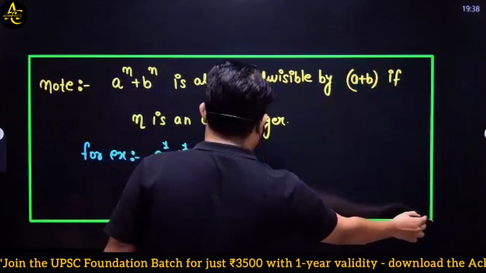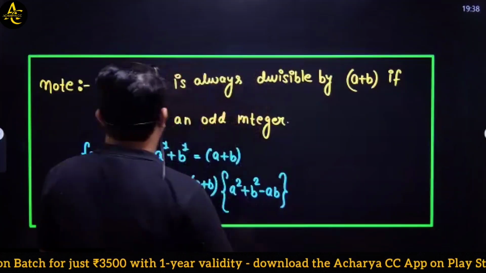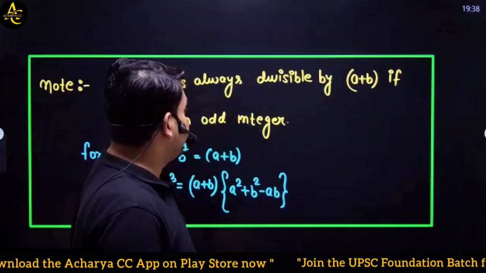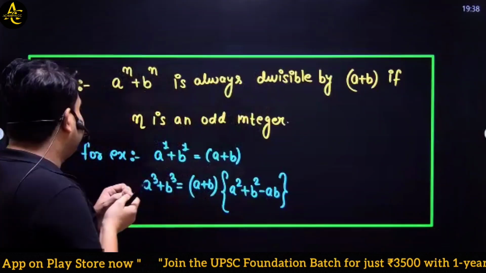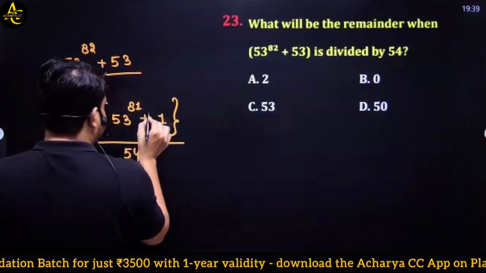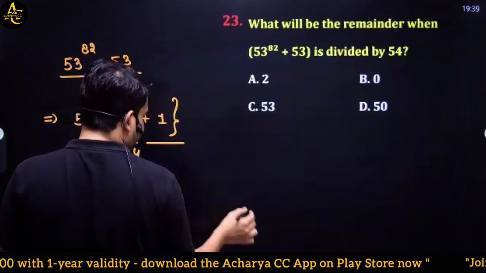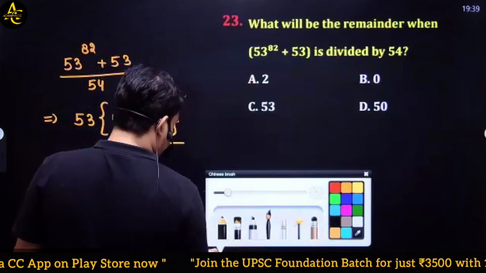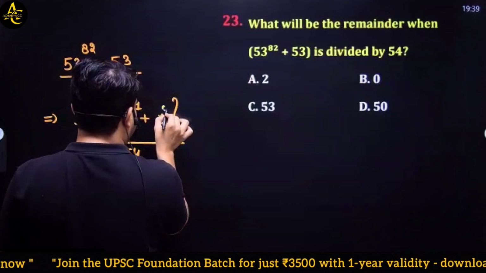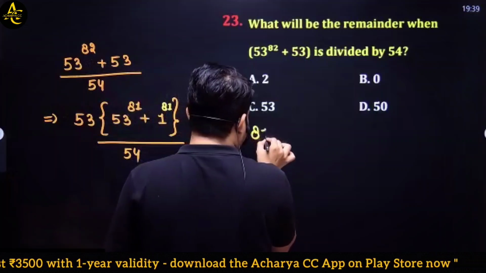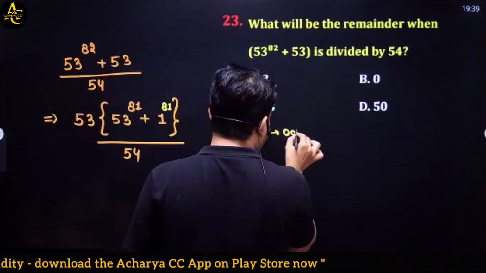Important concept: a to the power n plus b to the power n is always divisible by a plus b if n is an odd integer. Here we can write it as 81 because 1 to the power n will give you 1. You know that 81 is an odd number.